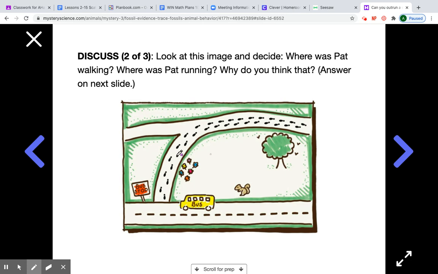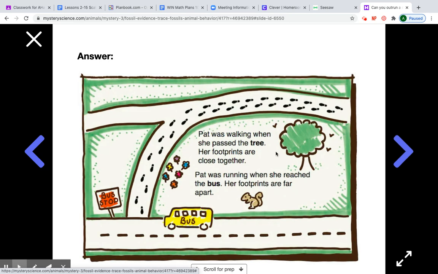So, let's see. Doug says the answer's on the next slide. So Pat was walking when she passed the tree because her footprints are close together. But she was running when she reached the bus because her footprints are far apart. So she was walking up until about here.